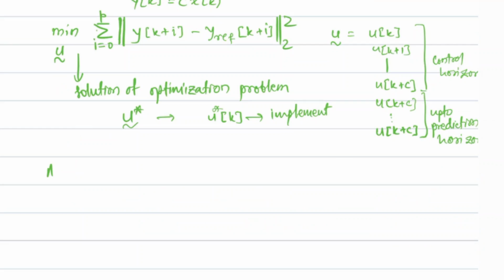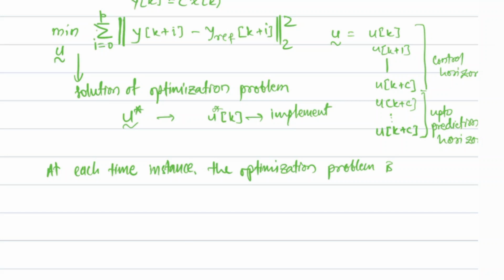So at each time instance, the optimization problem is solved, and the first control input is implemented.